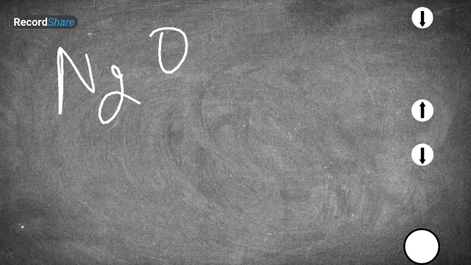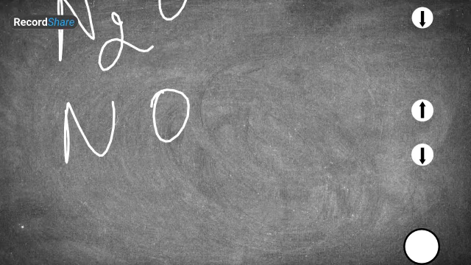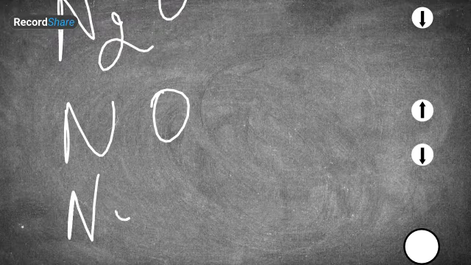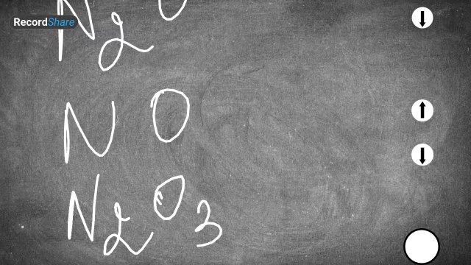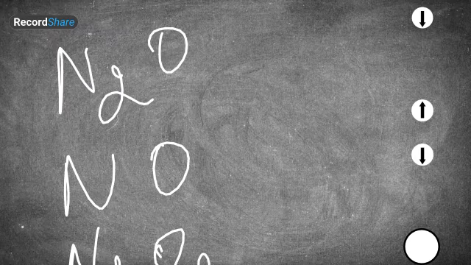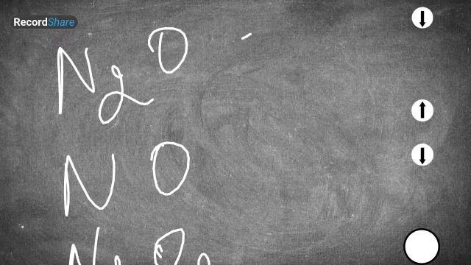Again, we'll take the same compounds N2, NO and N2O3. If we fix the weight of nitrogen, for example, in the case of N2, we fixed it to 28.